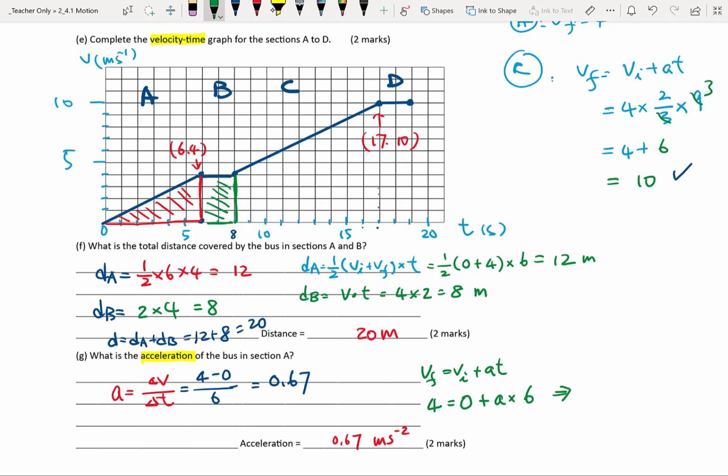And again, if you rearrange the formula, A becomes 4 divided by 6. Okay, so again, this will be 0.67. Okay, so same thing. No matter what method you use, you will have the same answer. Okay, and hope this is clear.